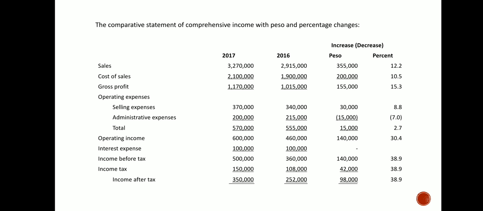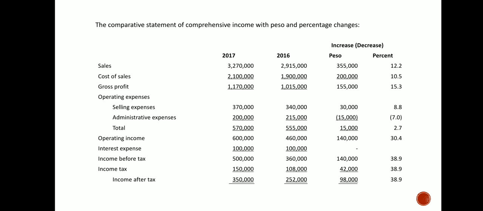Sales increased by 355,000, from 2,915,000 in 2016 to 3,270,000 in 2017. So 3,270,000 less 2,915,000 is equal to 355,000. So this is the absolute amount of change. And that is equivalent to 12.2%.